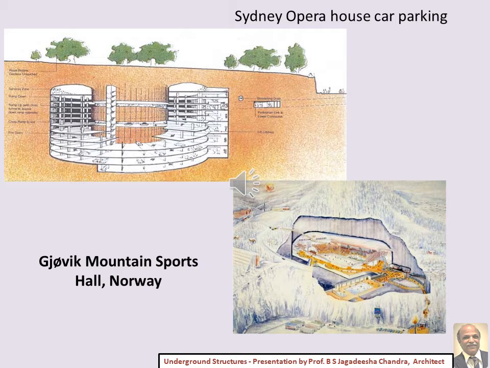Similarly, in the slide below, you will see a stadium itself below the ground. This is located in Norway, and the stadium was used for the Winter Olympics. So a stadium itself can be located below the ground. That shows how creative and innovative our architects are today.